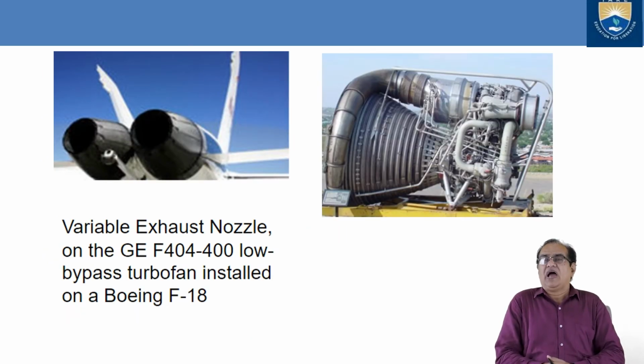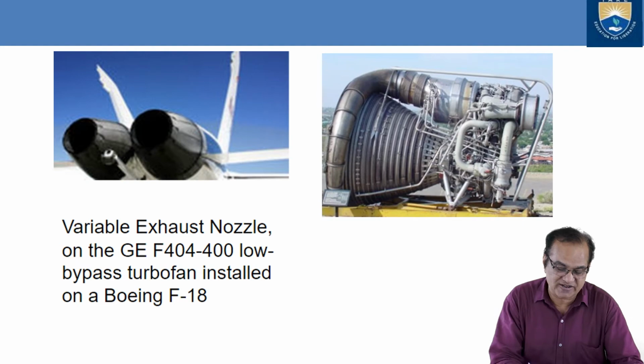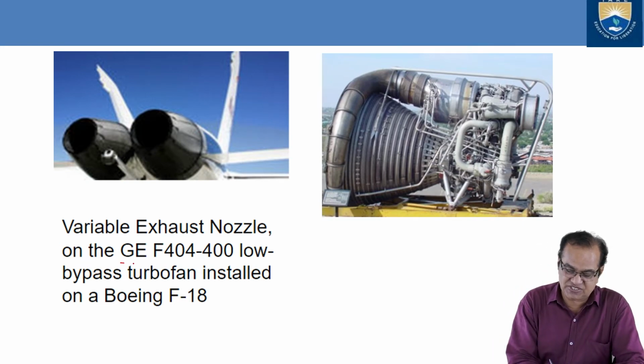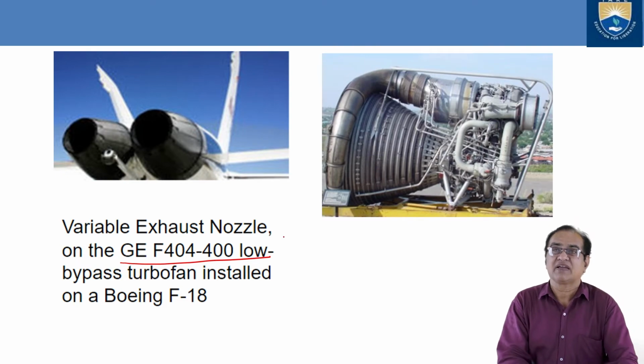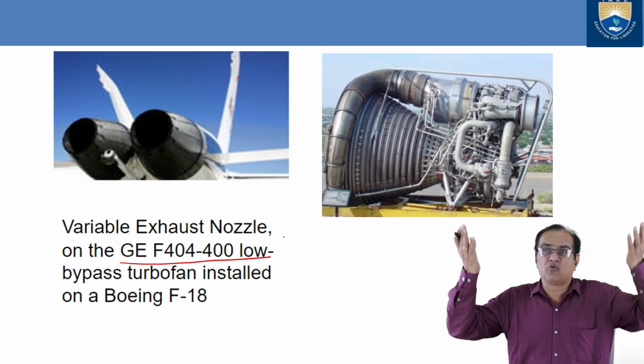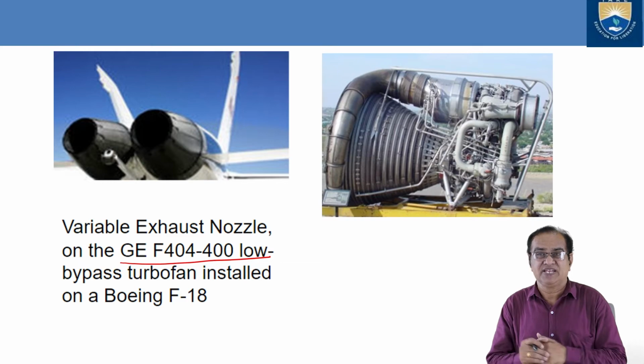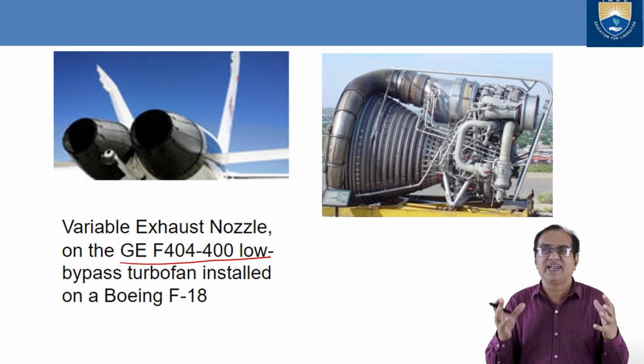Now I have shown here some different types of nozzles. Here is the variable exhaust nozzle on the GE F404-400 low bypass turbofan installed on a Boeing F-18. This F-18 is a fighter aircraft, and this GE engine is used for this F-18, and this F-18 can be turned. It can do vertical takeoff and landing, short landing and takeoff.